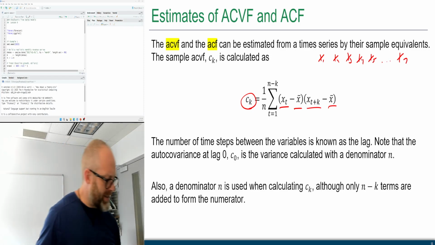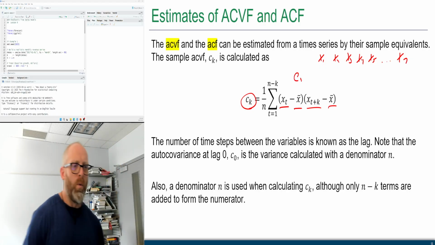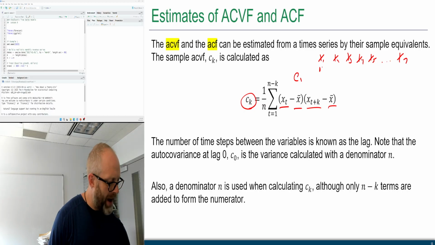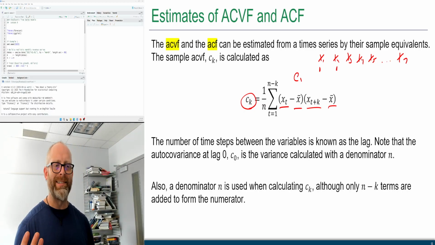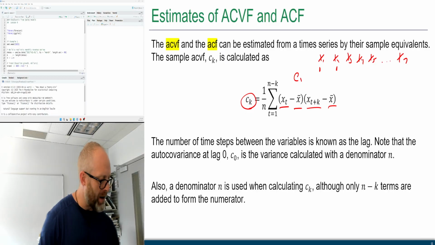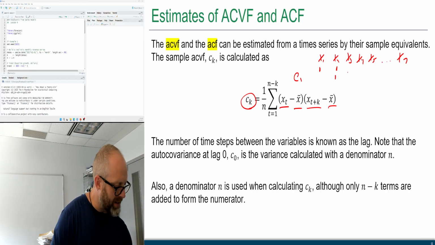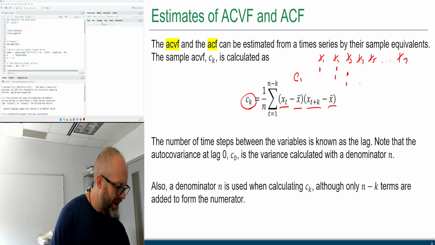to do c sub 1, I'm starting with the first value and the second value. Let's take the first one minus the center, the second one minus the center, multiply these together, and then jump over one spot. Now I'm going to do x sub 2, x sub 3, subtract the approximation of the center, multiply them together, and move on to x3 and x4.